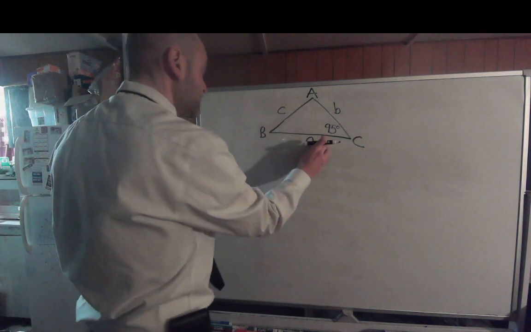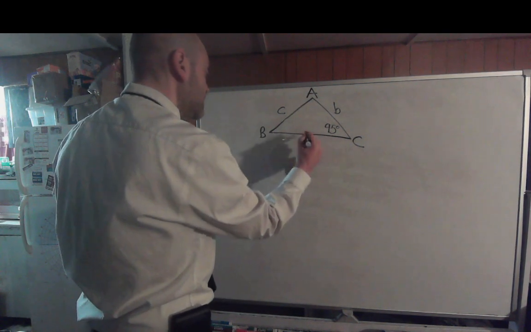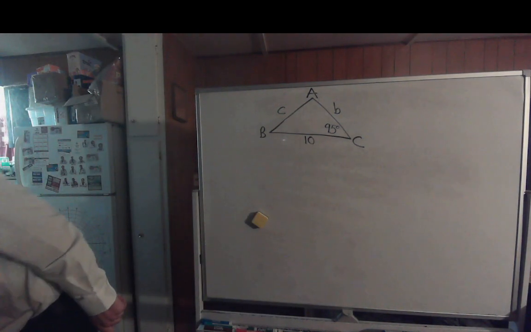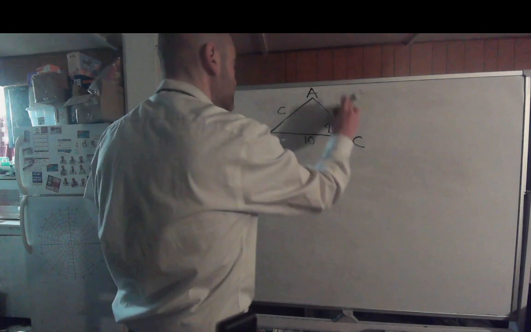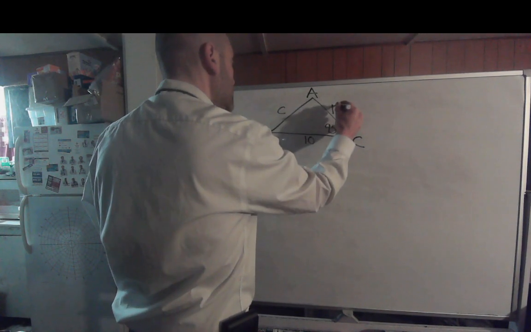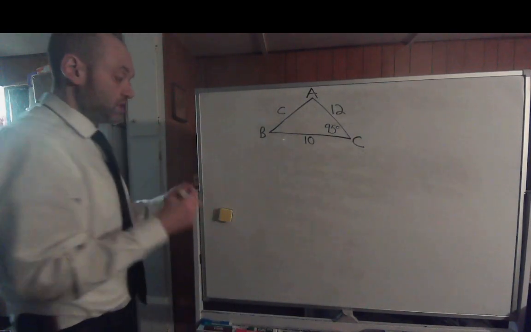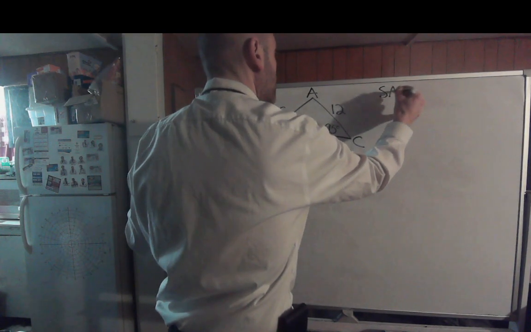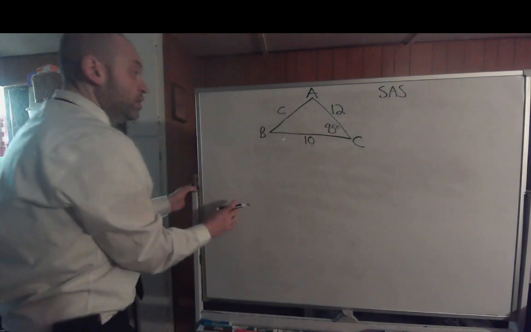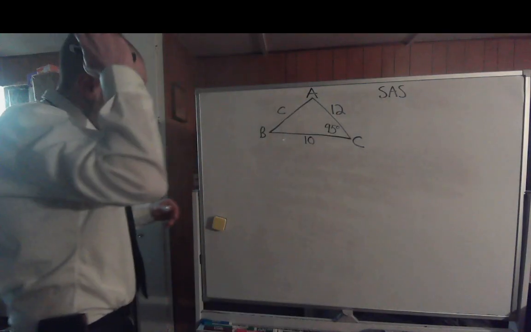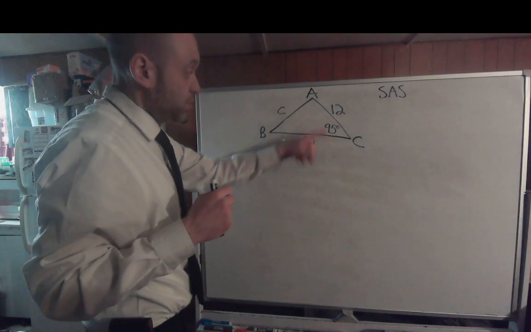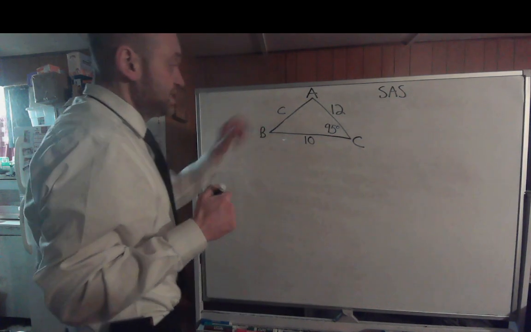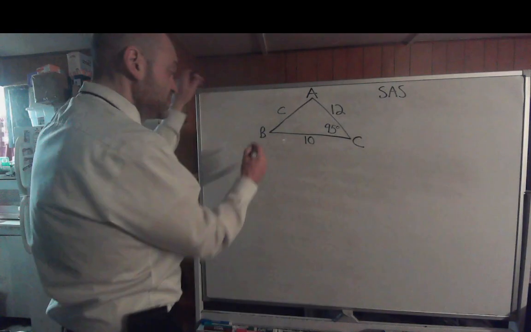Side A has a length of 10. Side B has a length of 12. So we definitely have another side-angle-side triangle, right? We know angle C, we know sides A and B, but we don't know what side C is. So we want to set this up for C.